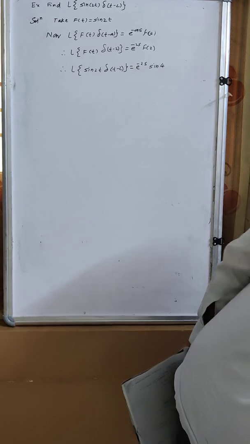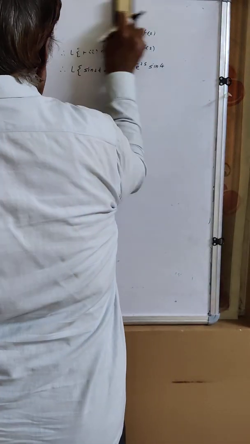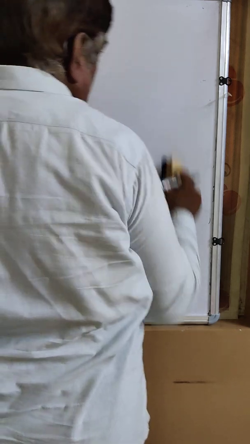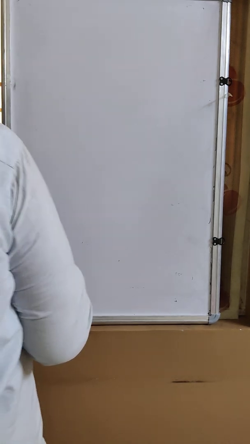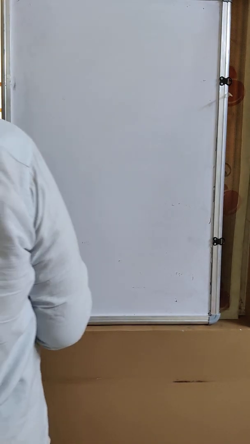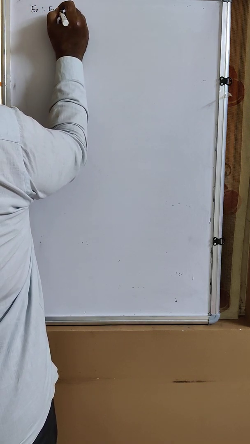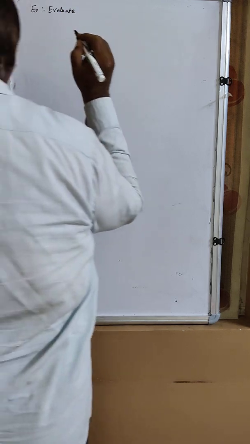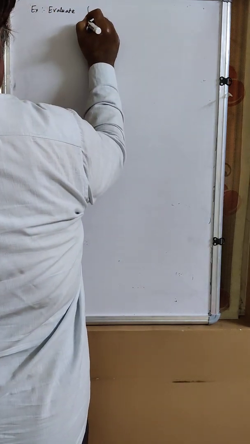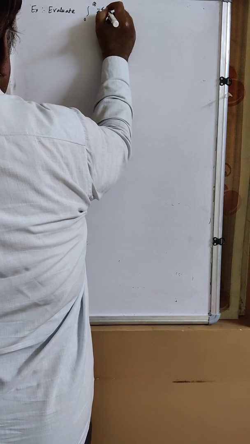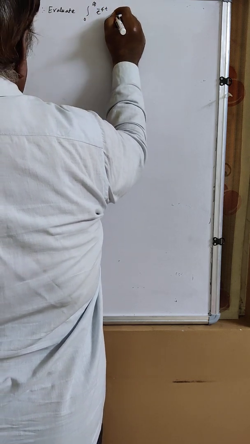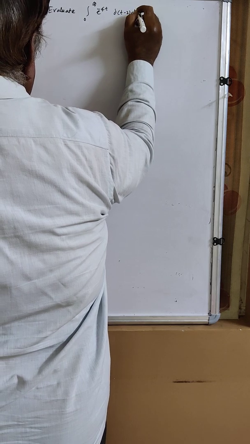Next example. Evaluate the integral from 0 to infinity of e raised to minus 4t delta of t minus 2 dt.